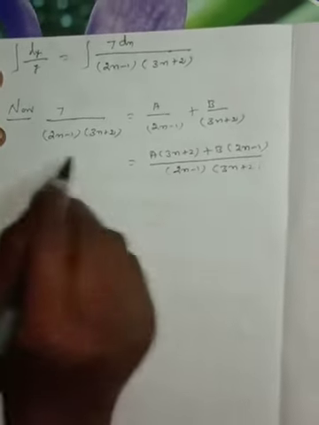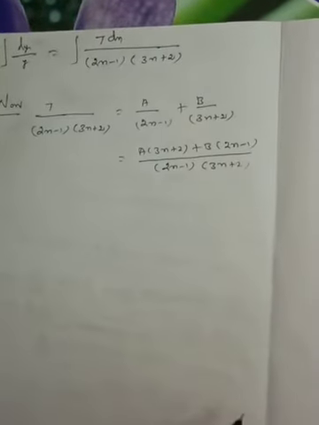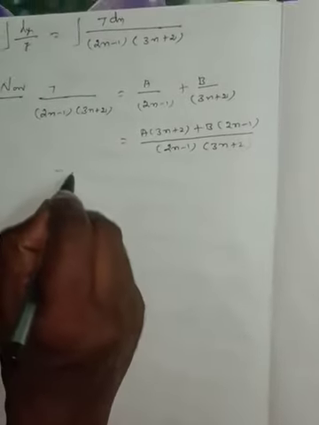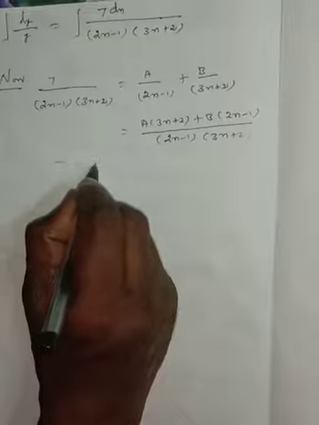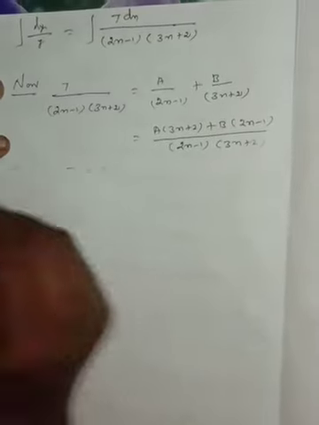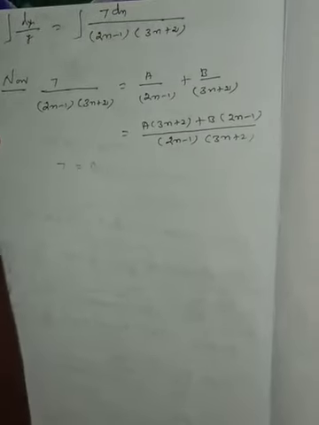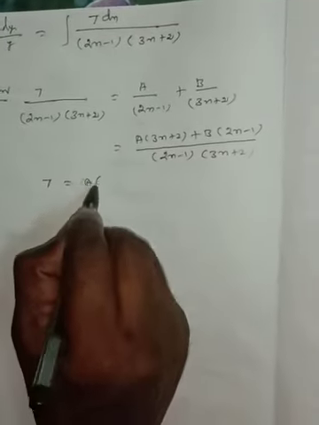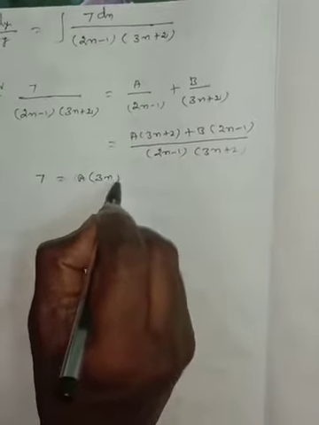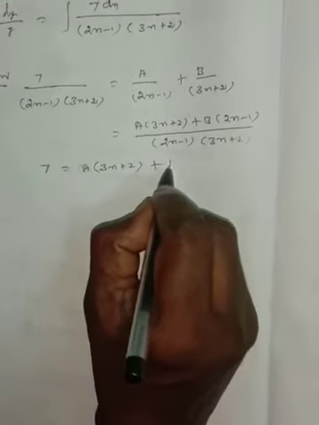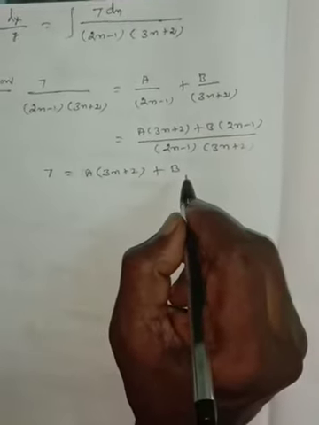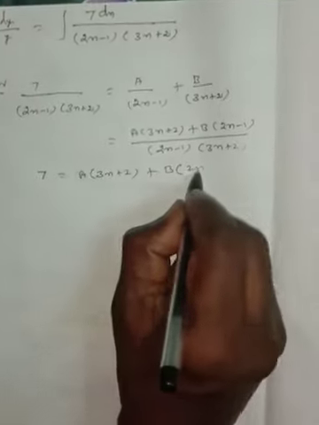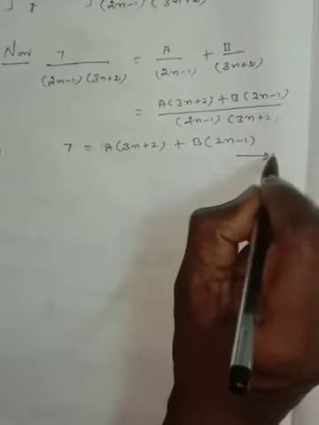These are the same denominators, therefore omit the denominators. We have 7 is equal to a into (3x plus 2) plus b into (2x minus 1). Call this equation number 1.